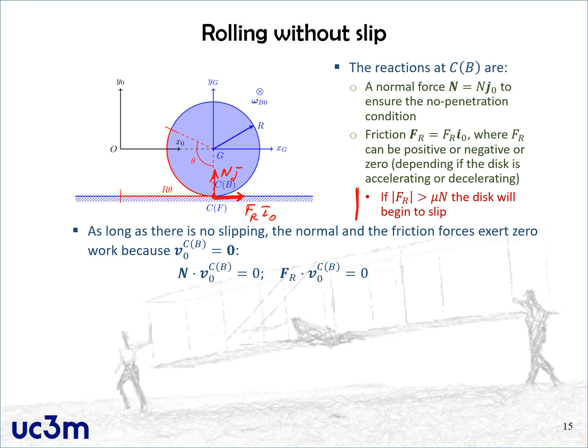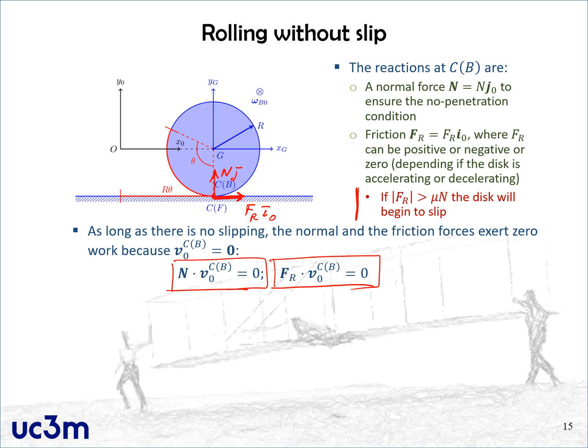As long as there is no slipping, we can check the power done by the constraints of this problem, the rolling without a slip constraint. We have N in the direction of the vertical velocity, which is 0, so that force does not create any work. And the same happens with the friction force. As long as the velocity of the contact point is 0 because there is no slipping, the friction force does not work on the disk.